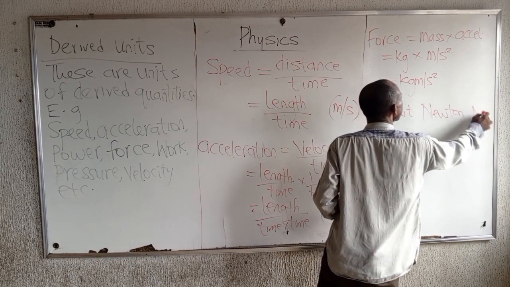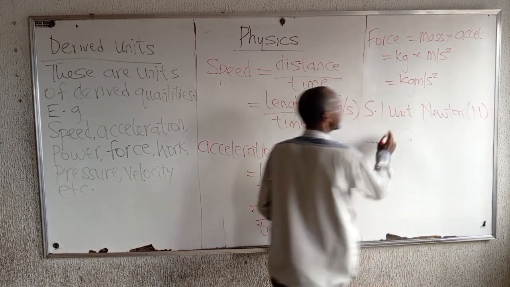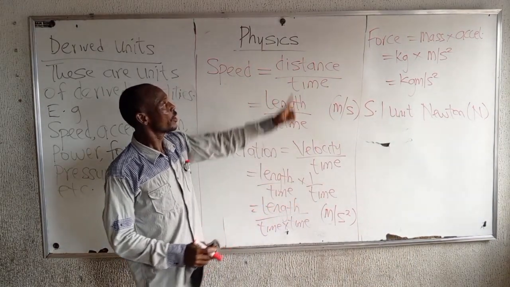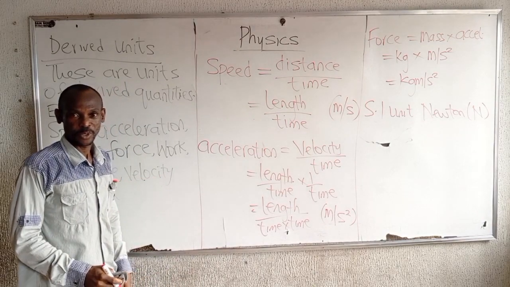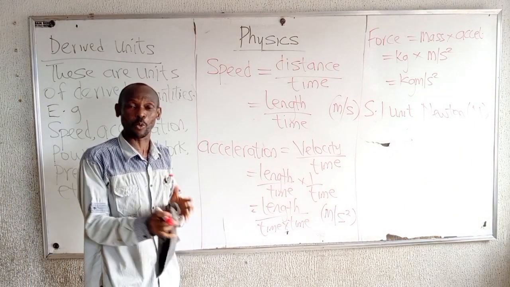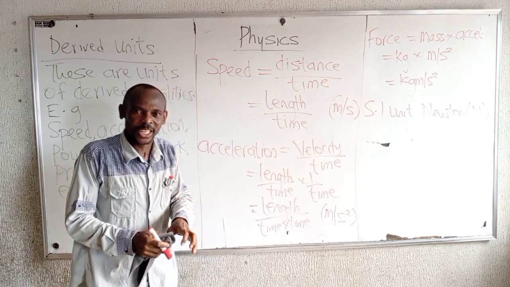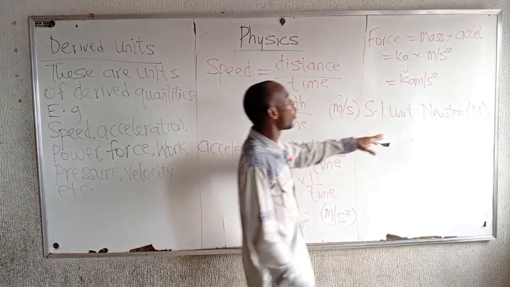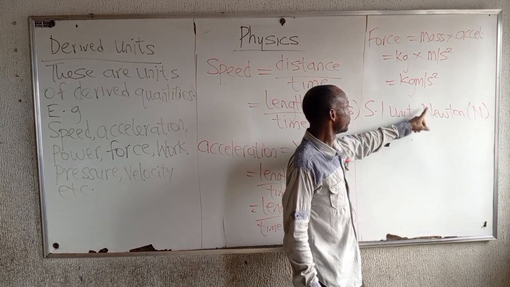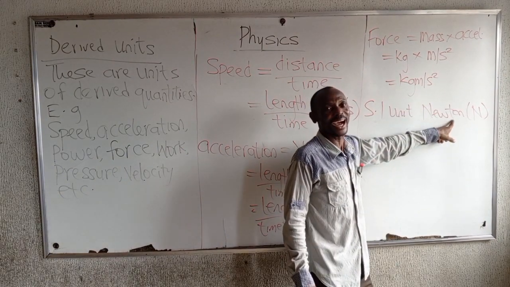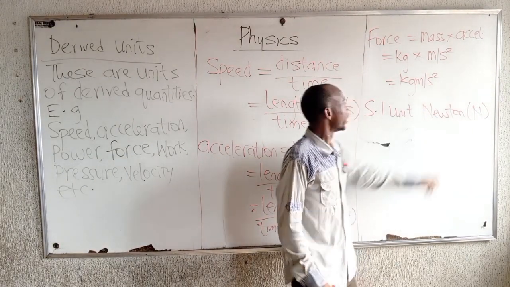Newton. Capital letter N. This is the SI unit for force. So you can see that some of our derived quantities have their own SI units in respect to the scientist. This is Sir Isaac Newton.